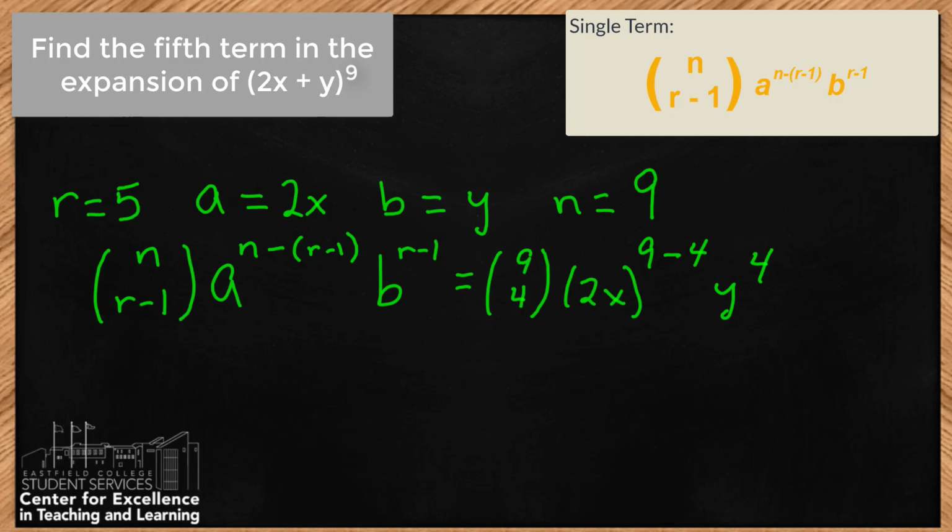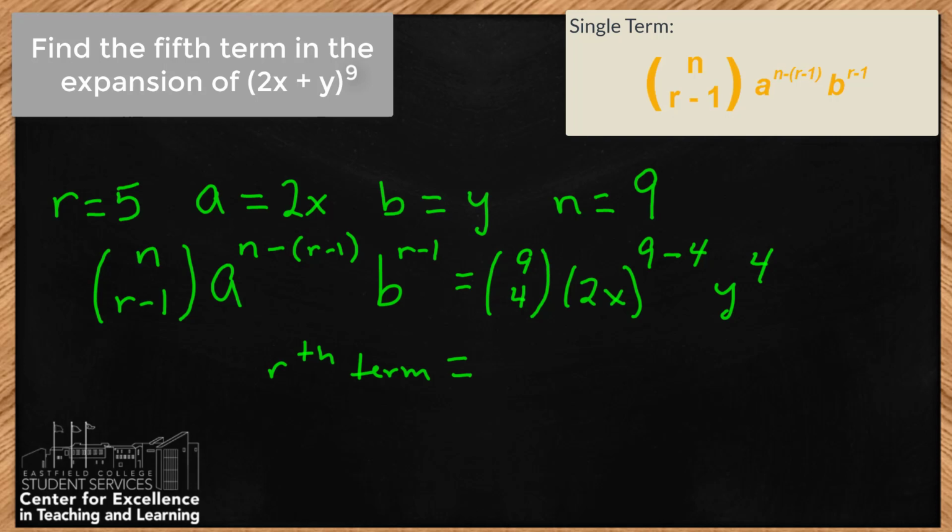So, now we've got this listed out. The only thing we have to do to get our rth term is evaluate 9 choose 4. You could do it on your calculator, or you could plug into the formula for the binomial coefficient. Either one works.